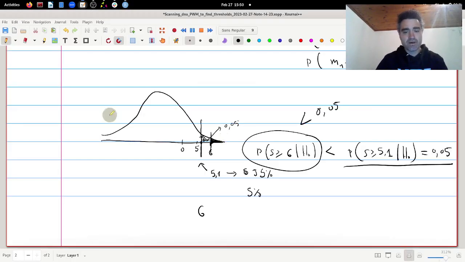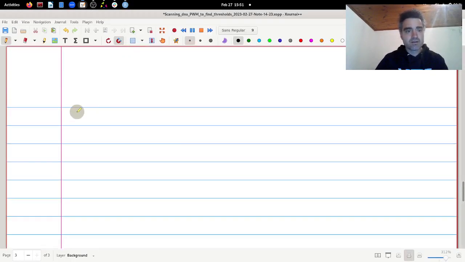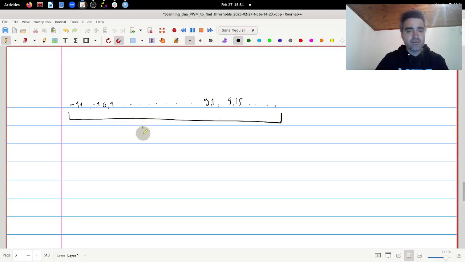So we have an array that is something like that. Minus, let's put minus 11, minus 10.9, and so on. And let's say that goes up to score 9 here, 9.1, and then 9.15, and so on. And all of these values are, let's say, k, and these values are sorted.